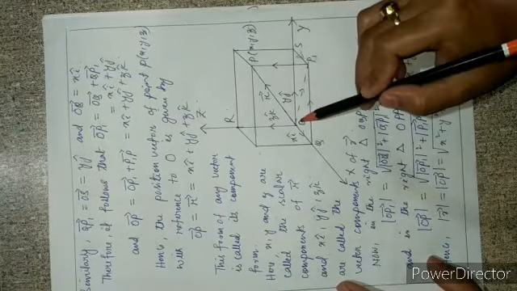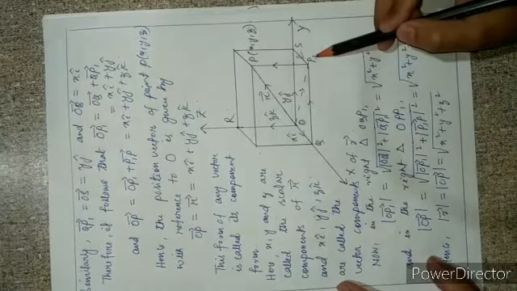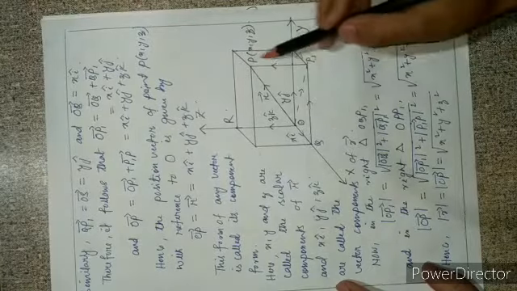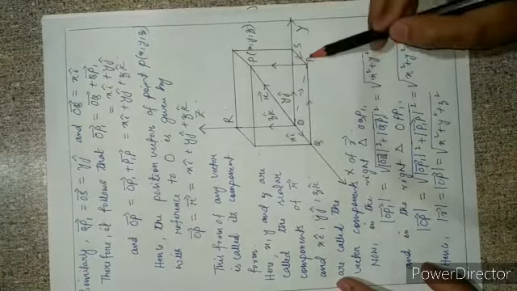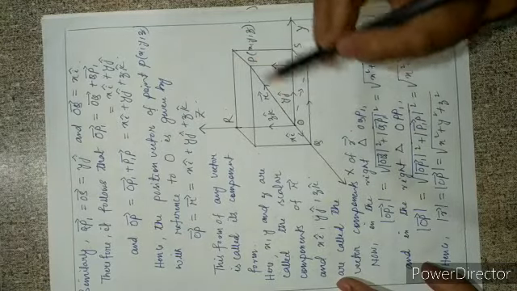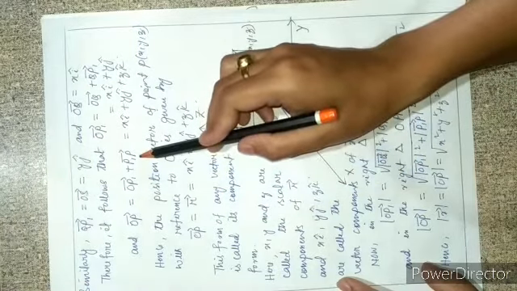Now consider triangle OPP1. In the triangle OPP1, applying the triangle law of vectors, we have OP1 vector plus P1P vector is equal to OP vector. So OP vector is equal to OP1 plus P1P vector.